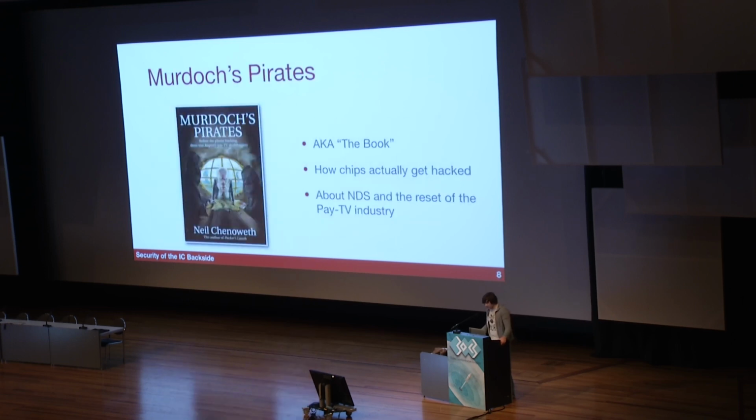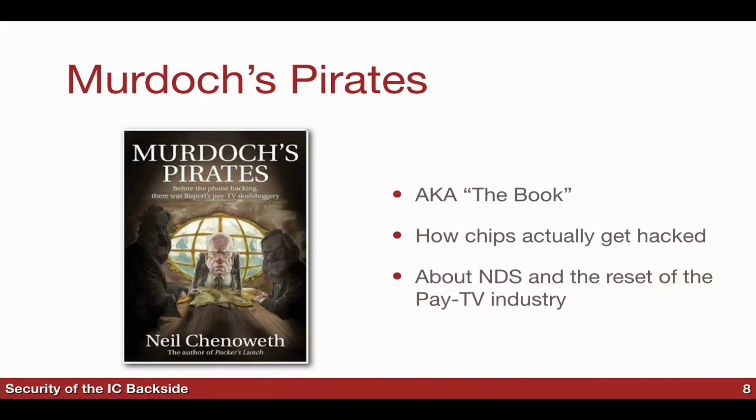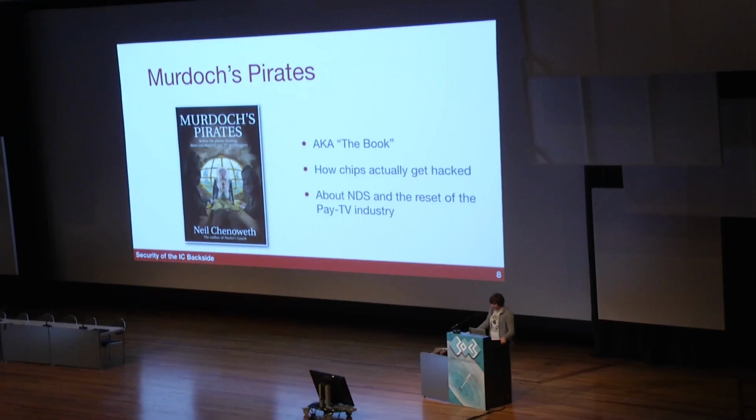But if you're more interested in this, there's a nice book on this topic. People I talk to call it the book, because it's pretty accurate and it has all the people you need to know. It also covers the story of Tron, which CCC people will surely know.